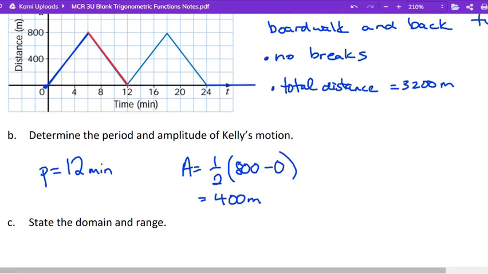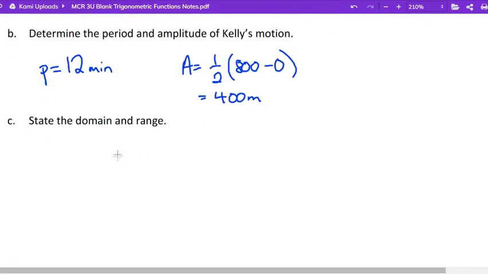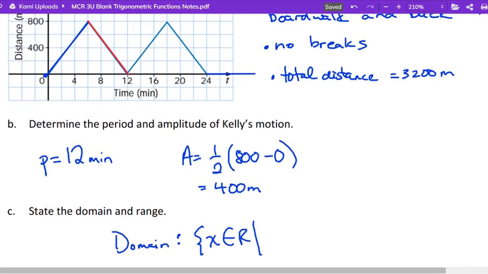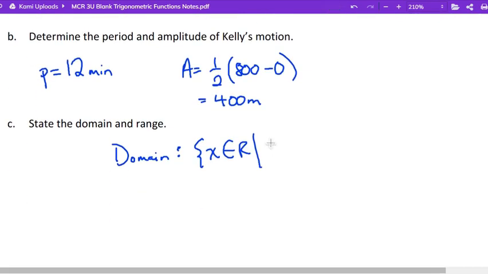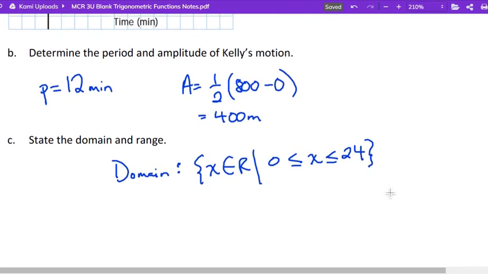Let's state the domain and range. Okay, we can do that for periodic functions. So domain are the x values. Now, we're still talking about a continuous function. So we say x belongs to R, and x is between two values, right? So in this case, x bigger than 0, less than 20. Yeah.